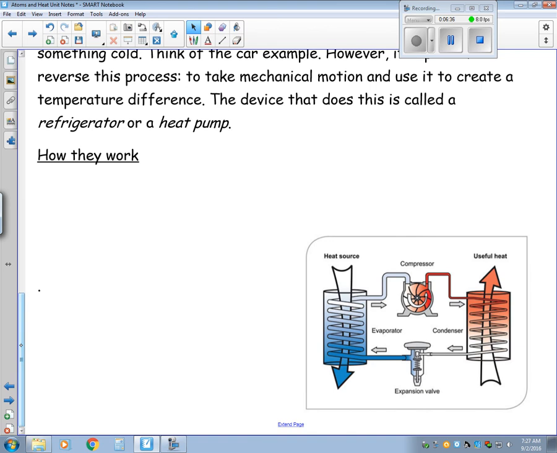So the way they work is they use a mechanical force to reduce the pressure in a chamber, and then, obeying the gas law, we can see that the temperature would have to drop as a consequence.